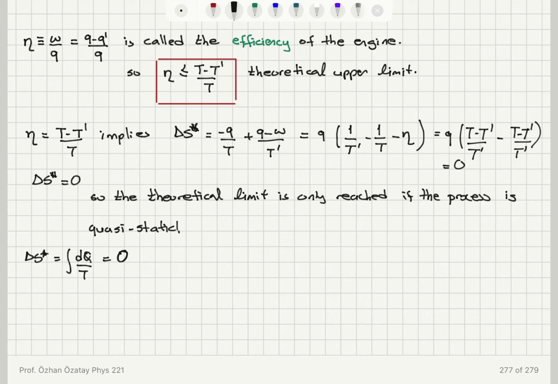So this conclusion that we have this upper limit on the efficiency of an engine is recognized by Carnot's theorem.